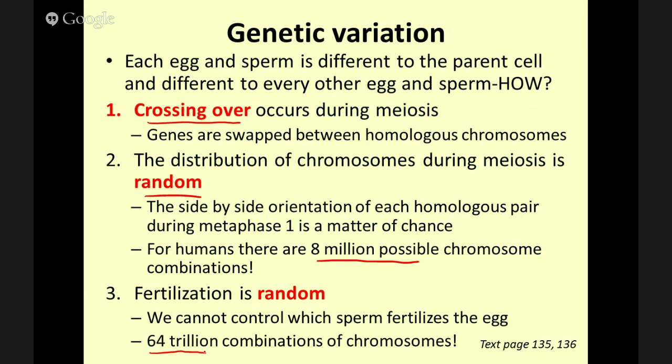So there's 64 trillion combinations from that process. So you can see that by the time you've gone through all three of these processes, it's extremely unlikely that any one person would have the exact same genetic data as any other person. So like I said, the one exception that we have to this is our identical twins.